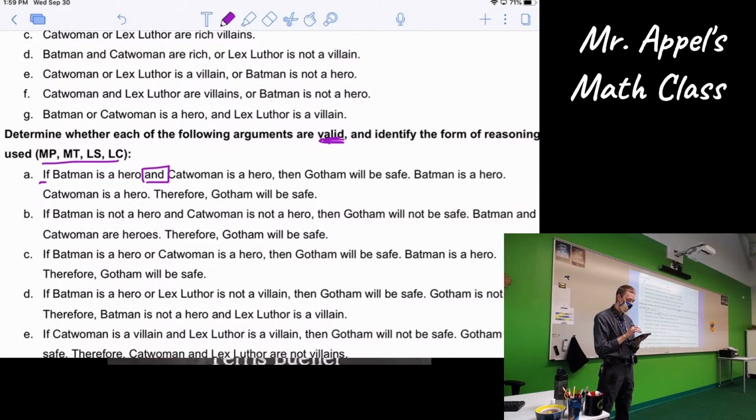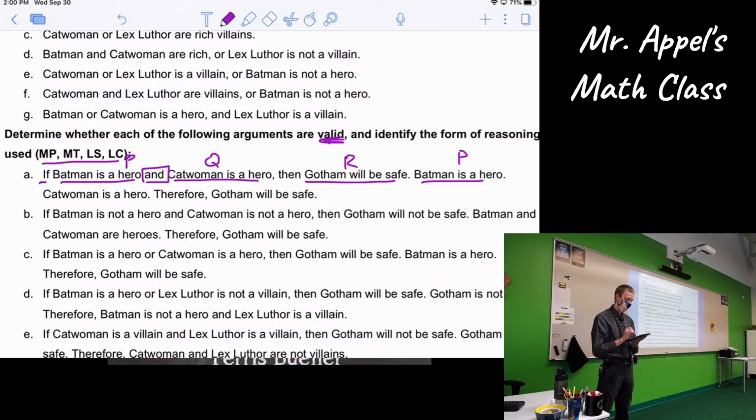So let's check. What else do we have here? We have the statement, Batman is a hero. We have the statement, Catwoman is a hero. All right, so we have fulfilled this statement, right? We've got, call it statement P and statement Q. This is saying if P and Q are true, then I get, we'll say that's statement R.